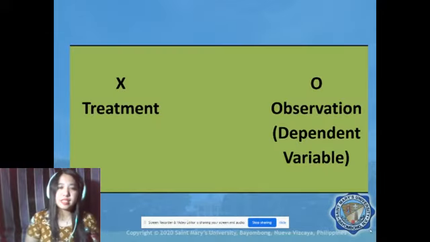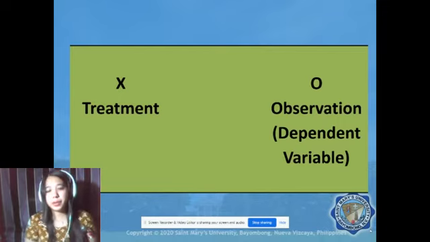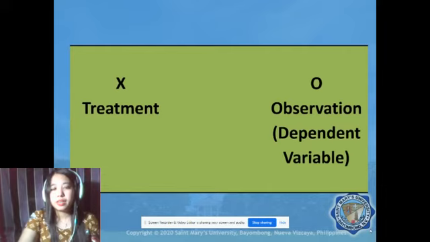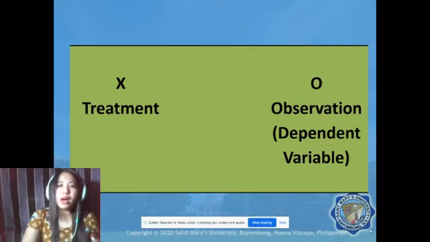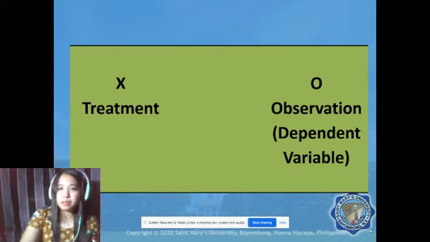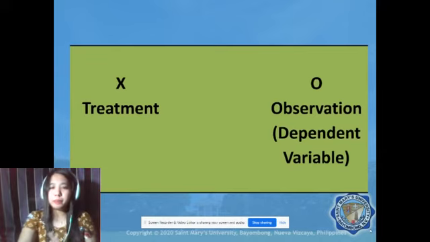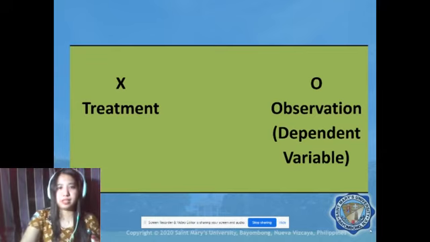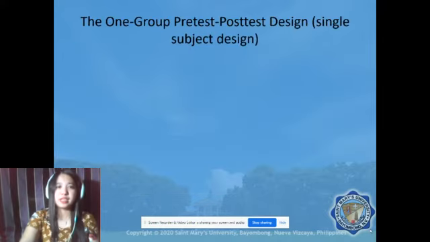And this is another way of presenting this type of group design. So we have the treatment, and after the treatment, you're going to have the observation. The observation here is the post-test. So just the one group who will be given treatment and then given the post-test, but no pretest.